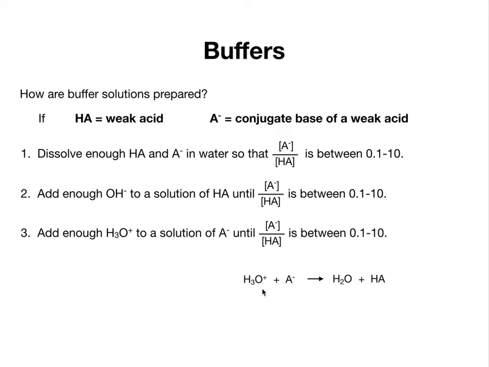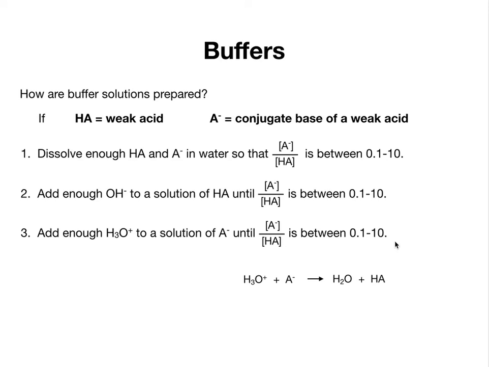We can add a strong acid to that and slowly convert some of this to HA. We add enough so that we get both of these species in the solution such that the ratio is between 0.1 and 10.